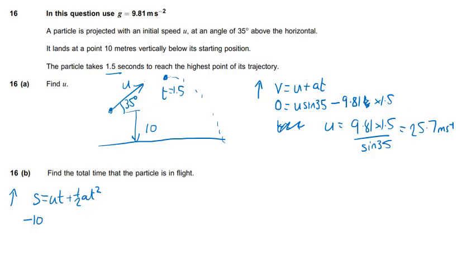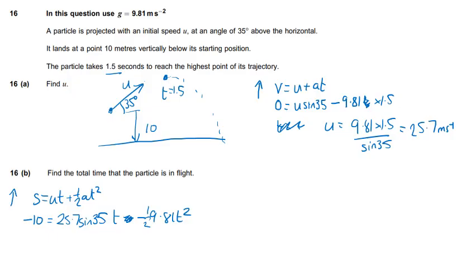So it's 10 lower, in the down direction. u in the vertical direction is 25.7 times sine 35. And then t is what we're looking for. And then minus a half of 9.81 times t squared.